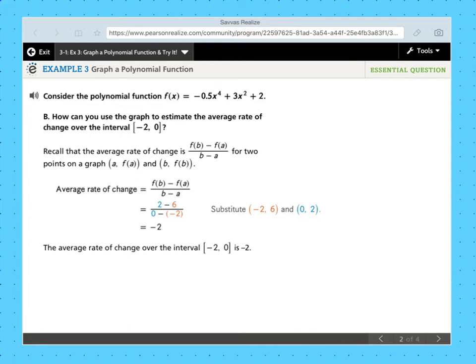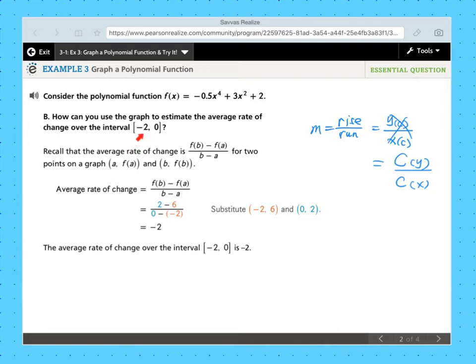Actually, rather than doing that, I should do change in y over change in x. That's why when we write it more mathematically, we say the change in y, which is the first y value subtract the second y value, over the first x value subtract the second. Or second minus first, it doesn't really matter.